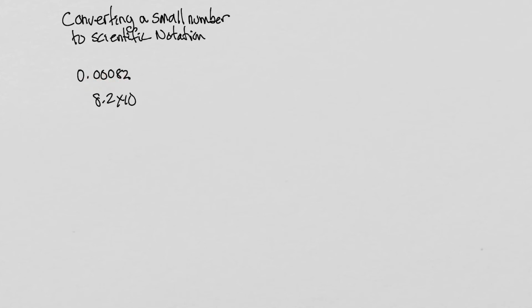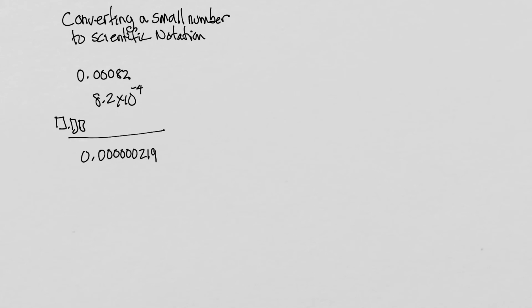So if I move that decimal point right over here, I'll have one non-zero digit to the left and then some other digits. And since we went to the right, it's negative 4.